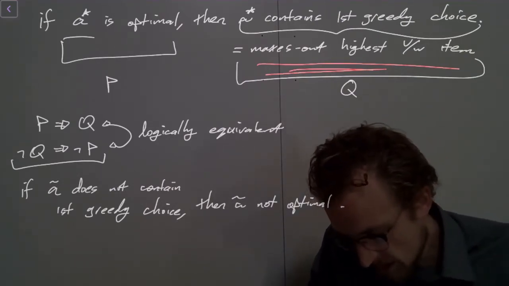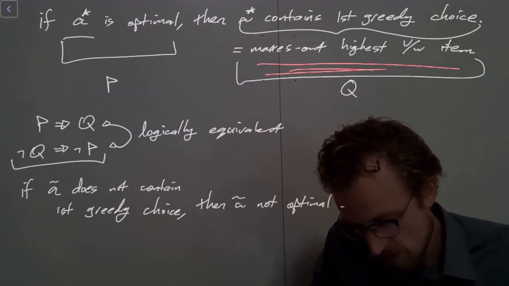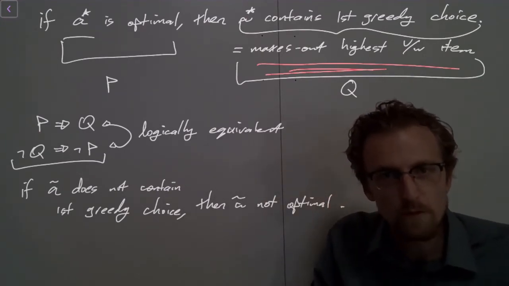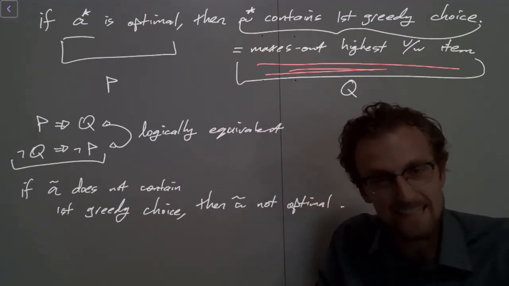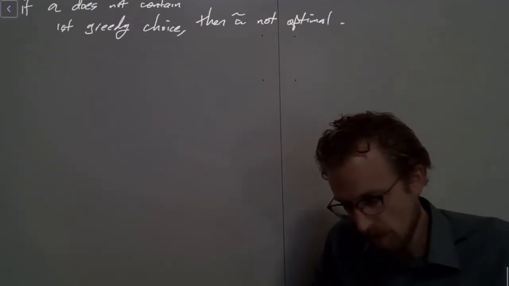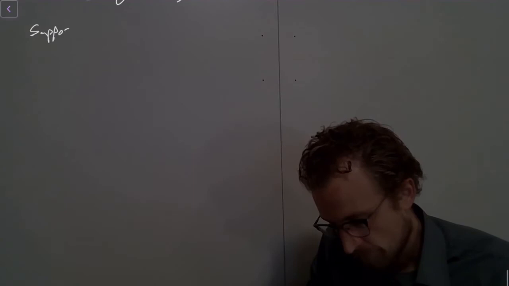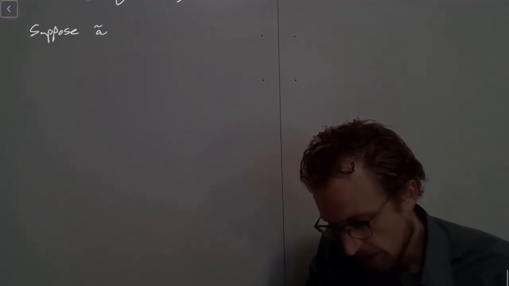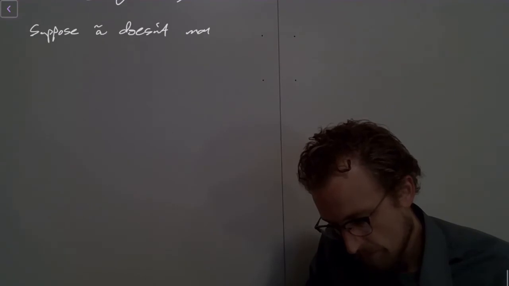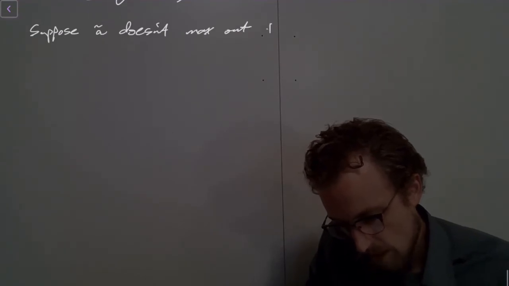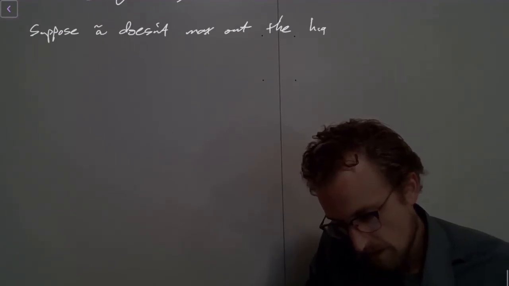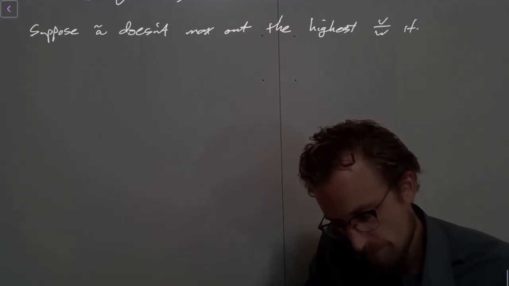Okay, so let's think about this. Let's suppose that A tilde doesn't contain the first greedy choice, which means that it doesn't max out the highest value per weight item. So suppose A tilde doesn't max out the highest V per W item.